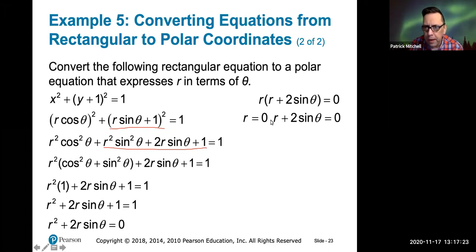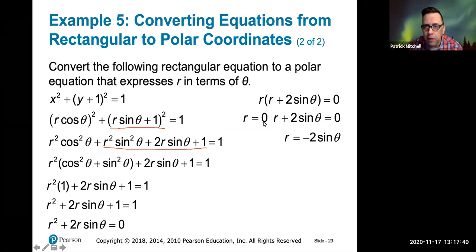Of course, the other possibility is r plus 2 sine theta equals 0. So subtracting 2 sine theta from both sides of this equation, we get r equals negative 2 sine theta. We can disregard the r equals 0 because this circle actually already passes through the origin.